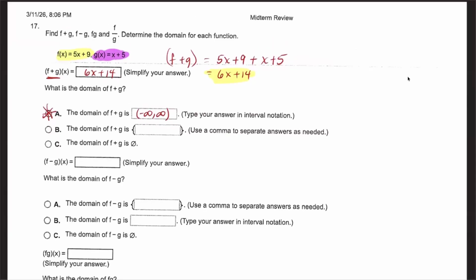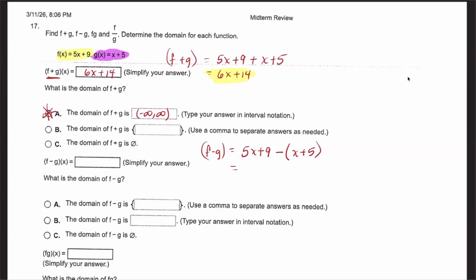So we have f minus g is going to be f, which is 5x plus 9, minus the whole expression for g, which is x plus 5. If you don't put it in parentheses, you're probably not going to get this right because you're not going to know to change the sign of everything that comes after that.